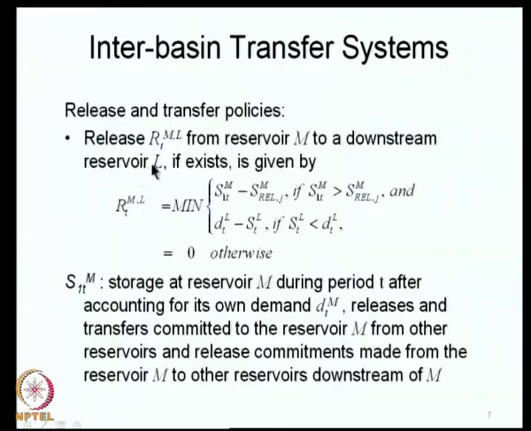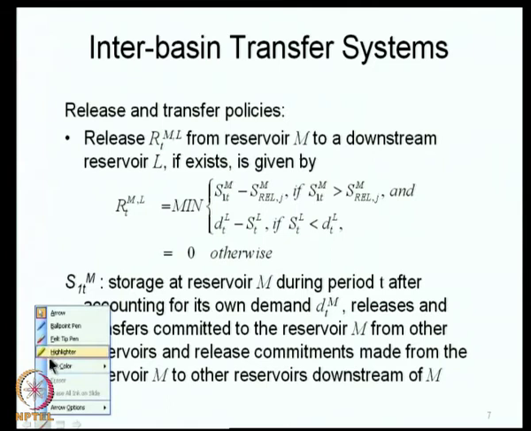Then we look at the release policy. That means, you have met the demand at a particular reservoir, but still you have water in excess of SREL. SREL is the storage zone for release to be made to the downstream reservoirs of the same basin. So, that is the release policy. Look at this now. What we are saying there is from a particular reservoir M to a downstream reservoir L of the same basin.